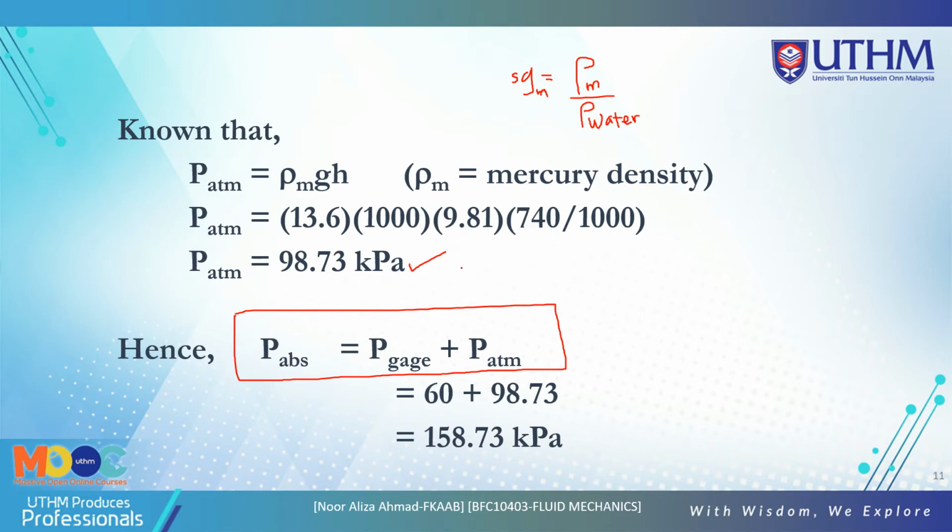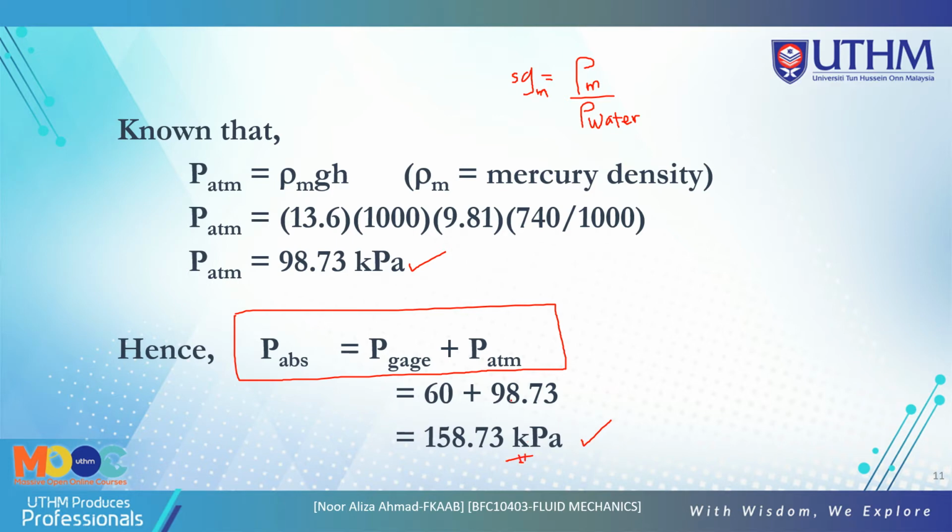So you must find the P atmosphere based on the barometer reading, then with the P gauge you get the P absolute: 60 plus P atmosphere, so you get 158.73 kilopascal. This is the direct equation.